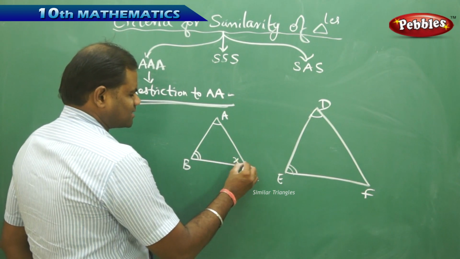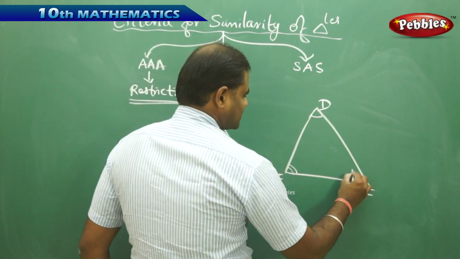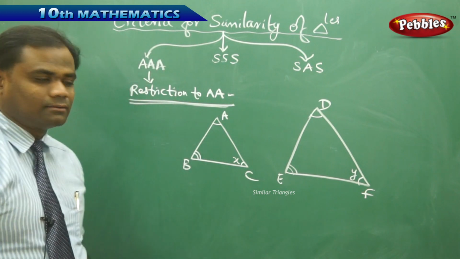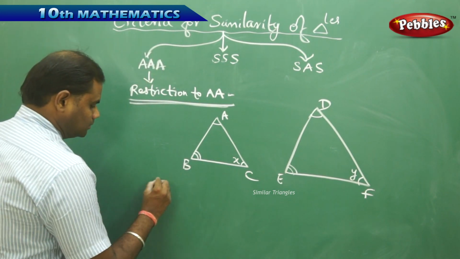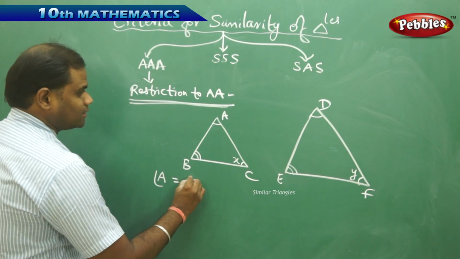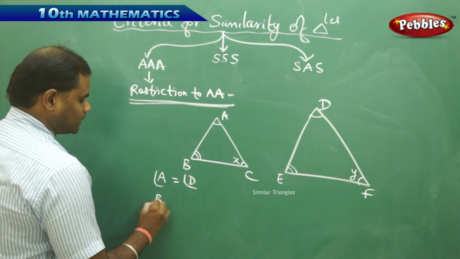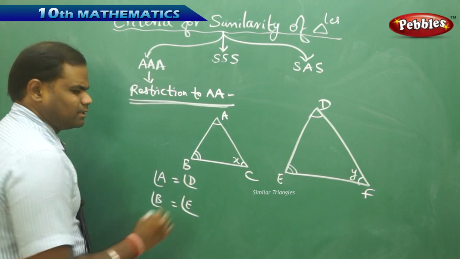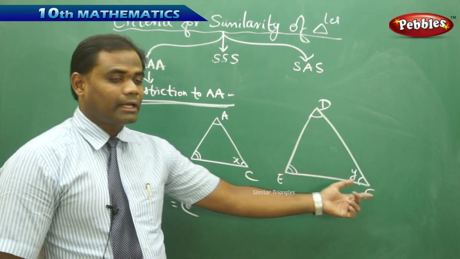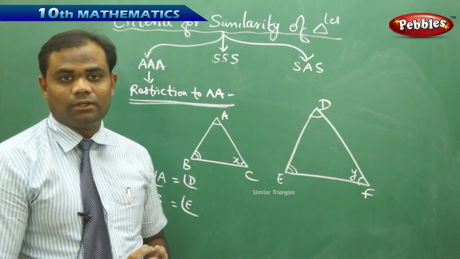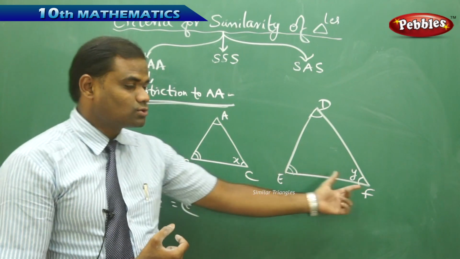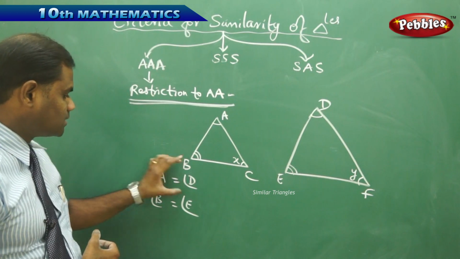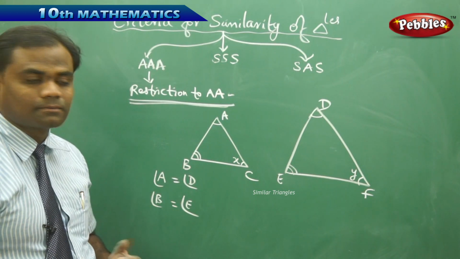Let me take this as angle X and this as angle Y. Here I clearly understand that angle A equals angle D and angle B equals angle E, but angle C and angle F are not given to be equal. So let's see if the third angle can also be equal based on the minimized condition of the two angles.